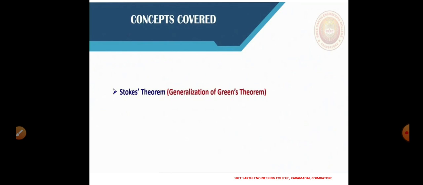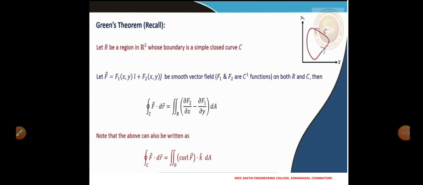Just to recall Green's theorem, let capital R be the region in R squared whose boundary is a simple closed curve C. So we have a region capital R here, and its boundary is given by this simple closed curve C, and we take f vector equal to f1 of x comma y i vector plus f2 of x comma y j vector, a smooth vector field.